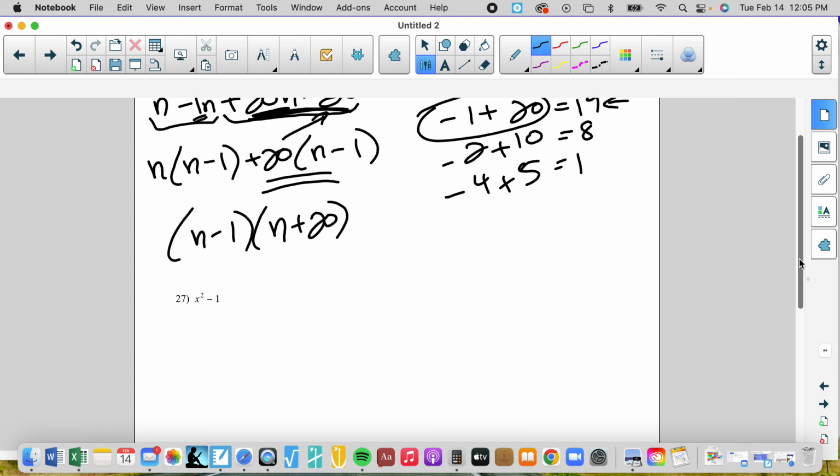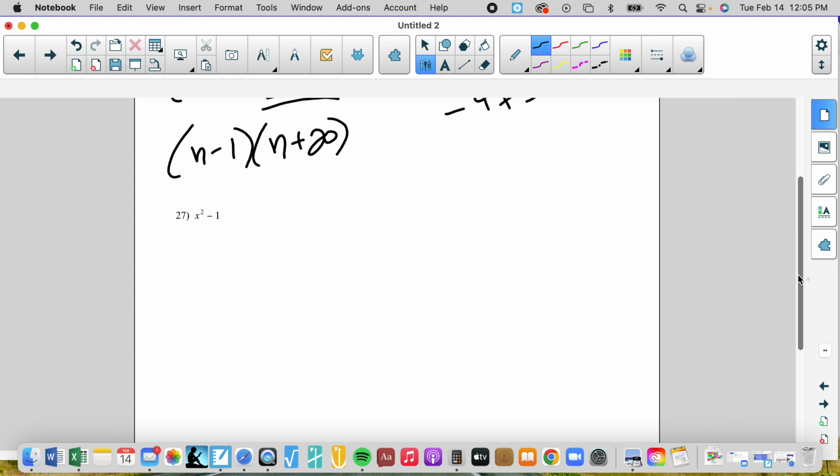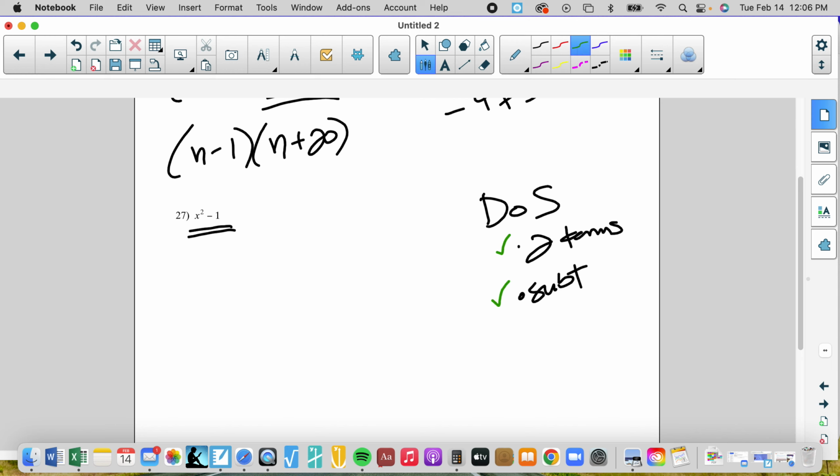That's a good one. There will be people, oh my goodness, look at this. Red flag, ding, ding, ding. 2 terms. That should show me a red flag. I should be testing for difference of squares. Does it have 2 terms? Yes. Is it subtraction? Yes.